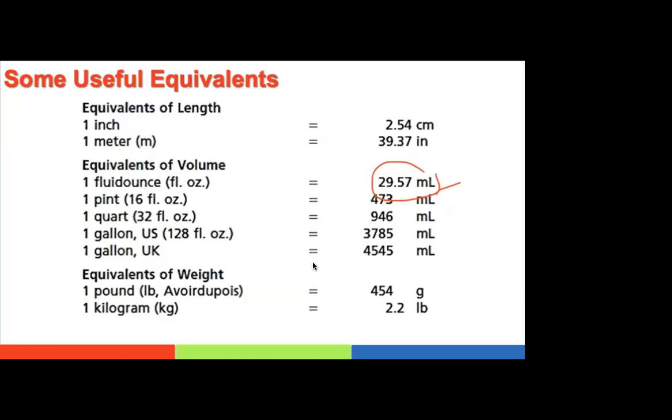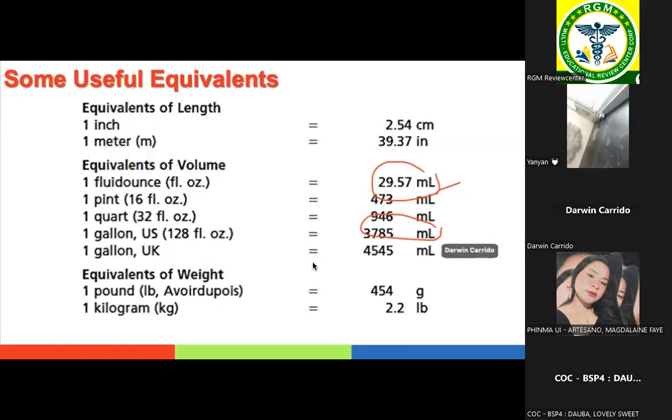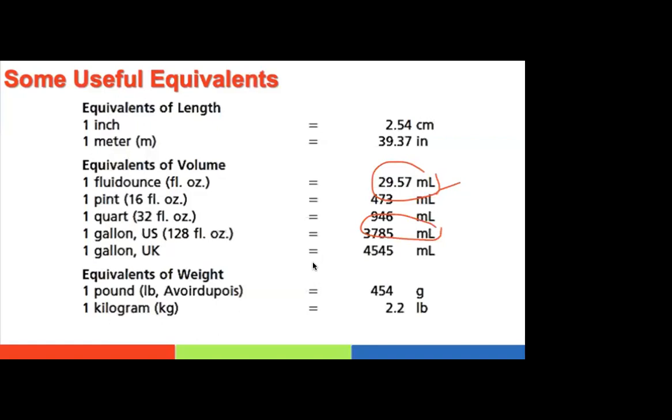Now, sir, anong gagamitin pong value kapag nagpapa-convert from gallon to ml? US ba or UK? Ano sa palagay ninyo? US. 3,785 ml. Pero just in case, UK gallon ang sinabi, madali lang naman i-memorize si UK gallon, 4,545 ml.